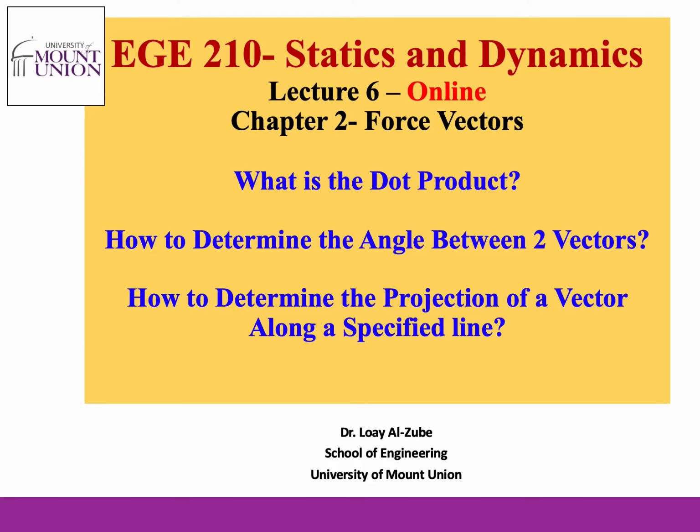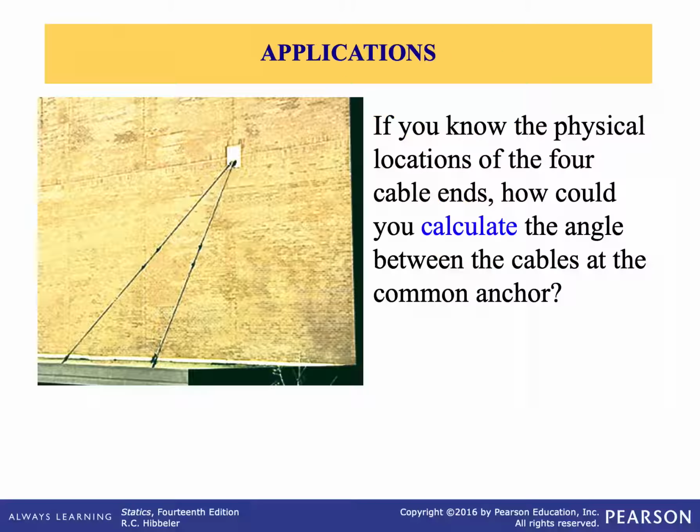So let's dig into this challenge and see how the dot product can be used here. Let me first present what I mean by finding the angles and the projections. First, the angle between 2 vectors. In this image, you can see 2 cables supporting a shade or some structure on a wall or in a building.